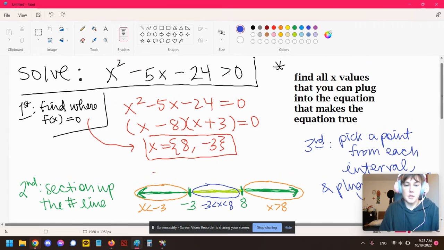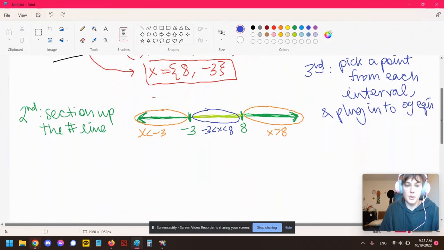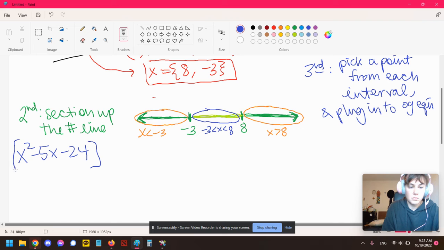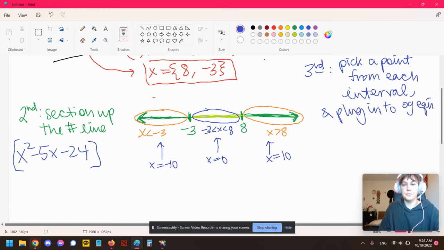My original equation is x squared minus 5x minus 24. I'm going to write it down here. Let's pick x equals 0 from this section. Let's pick x equals 10 from this section. And let's pick x equals -10 from this section. These are just my favorite numbers in each of these intervals.